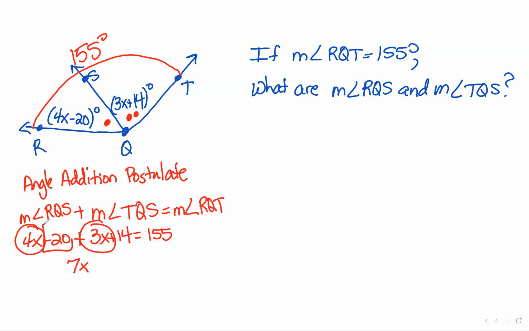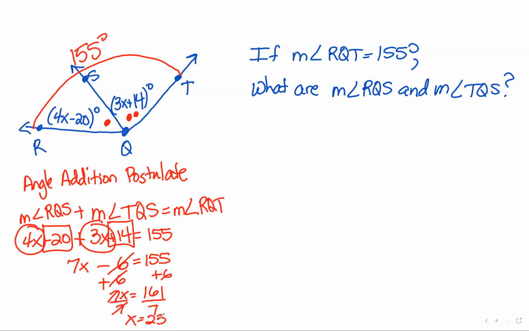Then we have negative 20 and positive 14 is negative 6. Bring down the equals 155. Now we're going to get rid of the minus 6 by adding 6. So 7x equals 161. Then we divide both sides by 7, and we get x equals 23.